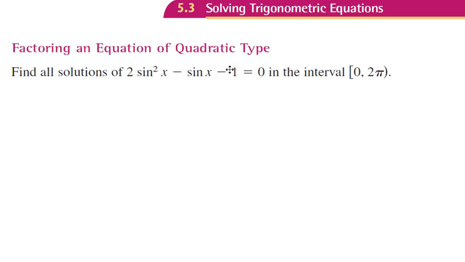When you have your three terms here, and just by noticing that if you were to replace sine of x with x, and I was kind of making a little formula here. So if we let x equal sine of x, meaning now this will become 2x squared, this will become minus x and then minus 1.